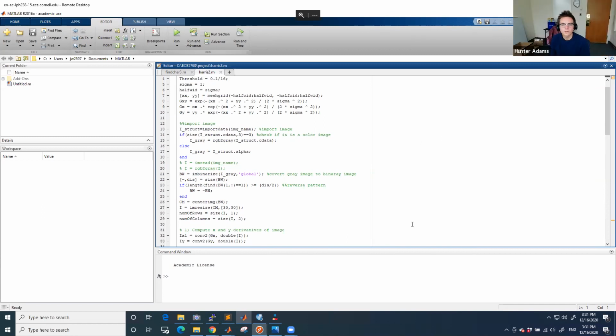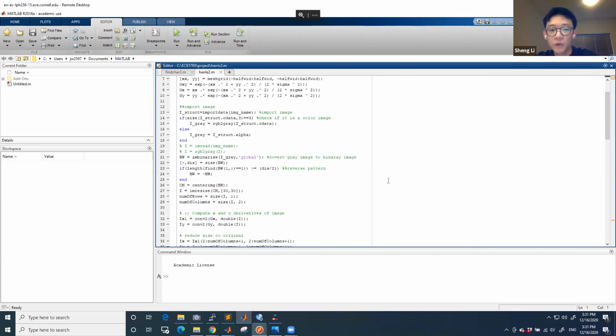So can I just make sure that I've understood the goal properly? Am I correct that you start with an image of a letter? Yes. And then you apply a Gaussian filter to that and then deliver it to the FPGA. Sorry, go ahead. We actually did the Gaussian filter in the FPGA.